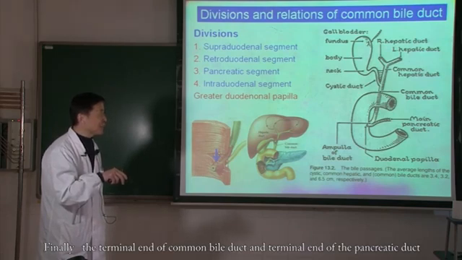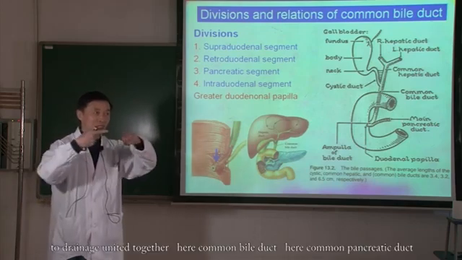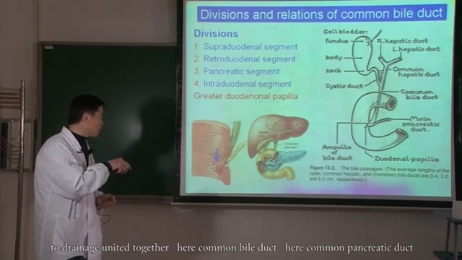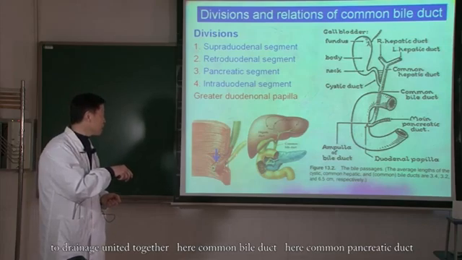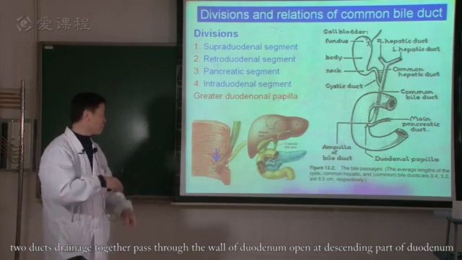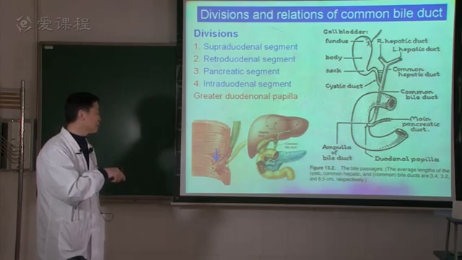Finally, the terminal end of the common bile duct and the terminal end of the pancreatic duct drain united together. Here, the common bile duct. Here, the pancreatic duct. The two ducts drain together, pass through the wall of the duodenum, and open into the descending part of the duodenum.